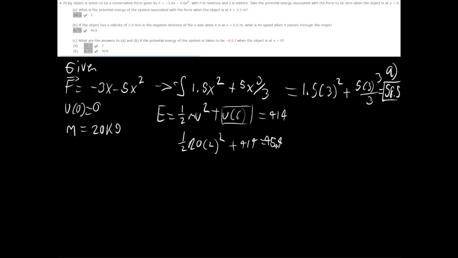And now, to find the velocity, it is going to equal the square root of 2 times the energy divided by the mass.